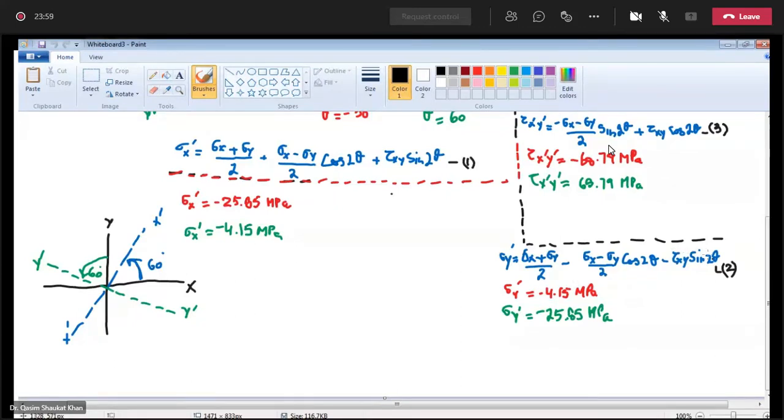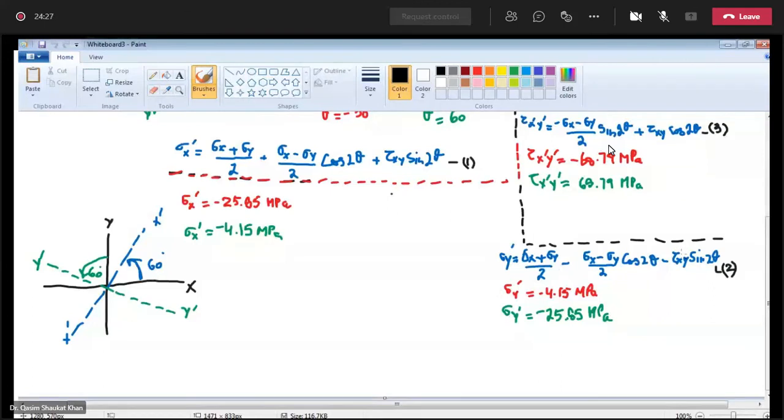So sigma x is minus 80, the same as above. Sigma y is 50 megapascals. Tau xy shear stress is minus 25 megapascals.